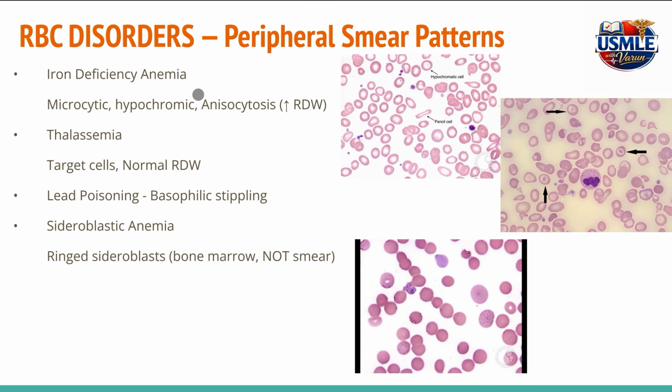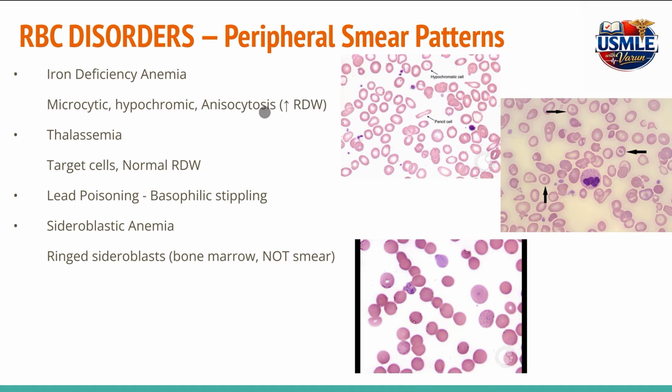Now, let's quickly revise the peripheral smear and biopsy patterns, histopathological findings in different disorders in hematology and oncology. Iron deficiency anemia is associated with microcytic, hypochromic cells, and also anisocytosis. Anisocytosis is nothing but varied size, and poikilocytosis is nothing but varied shape.